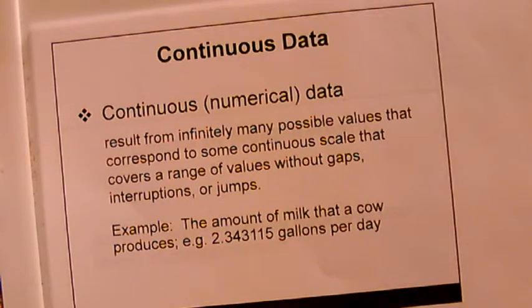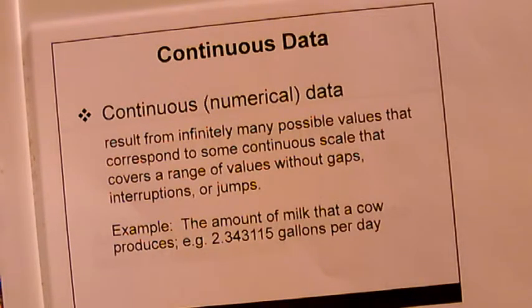In other words, continuous data is data that can be measured precisely, like the amount of milk that a cow produces. For example, it will be 2.343115 gallons per day. We can measure that to a precise number.